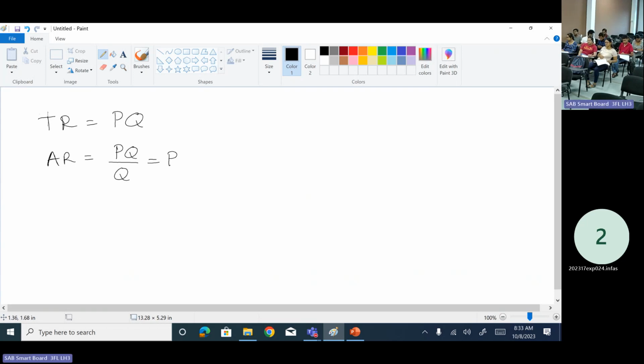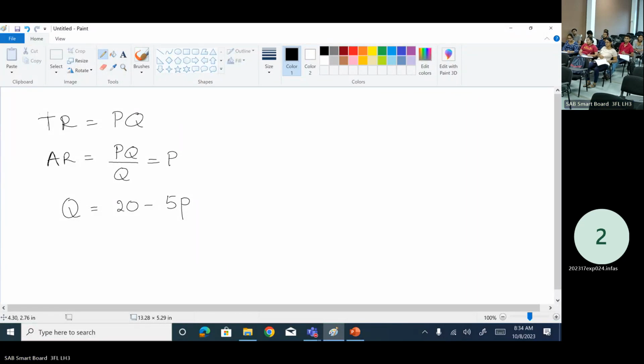However, we take the demand function, Q equals 20 minus 5P. That is our demand function, so demand depends on the price. That's the only product.